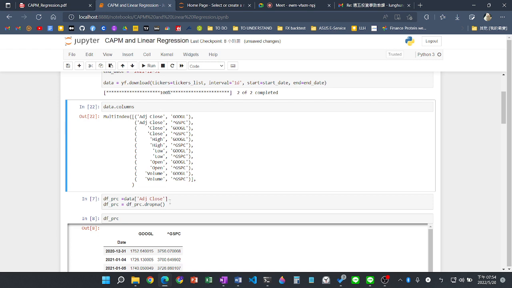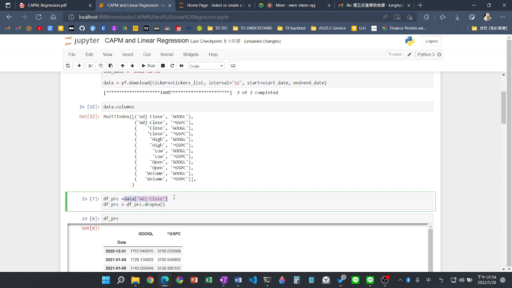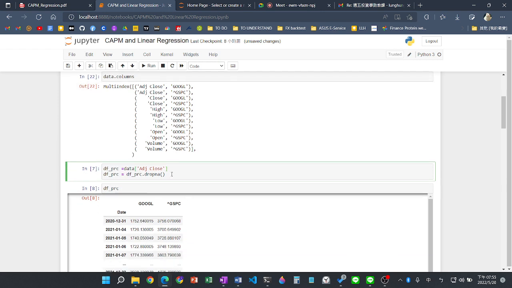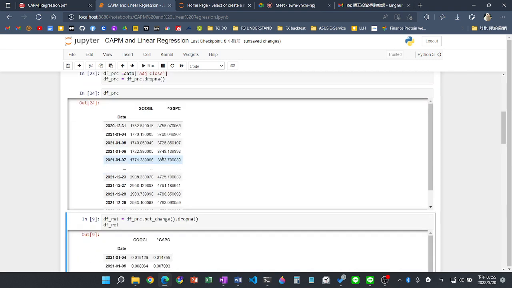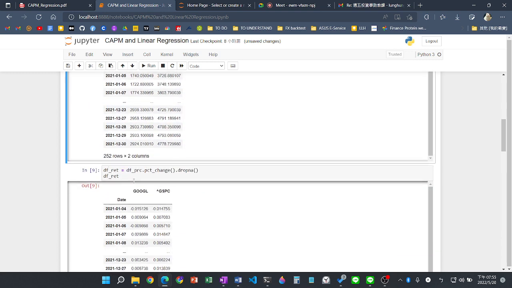So we'll just use the slicing features of pandas, and only get the adjusted close column we want, and we will also drop the null values, the data that we don't have. Okay, so we can take a look at this data frame, and you can see here we have Google's everyday price and the S&P 500 index every day.